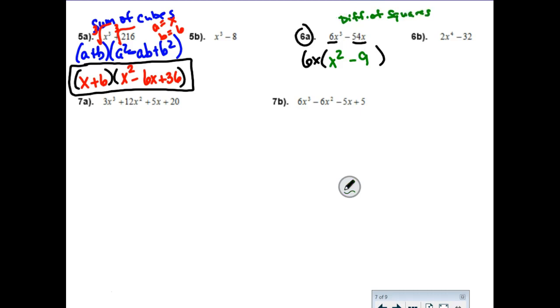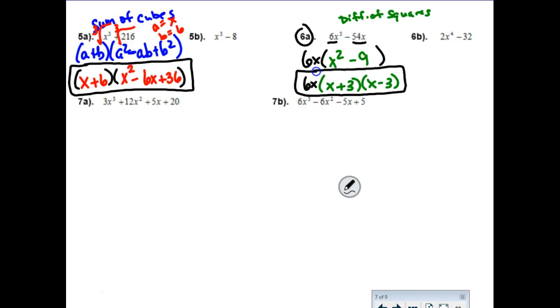That's the good twin, evil twin pattern. So 6x, please keep it out in front, and then x squared minus 9, we're going to factor into, take the square root of each, x plus 3 times x minus 3. So that pattern is still around. We're going to be using it a lot.